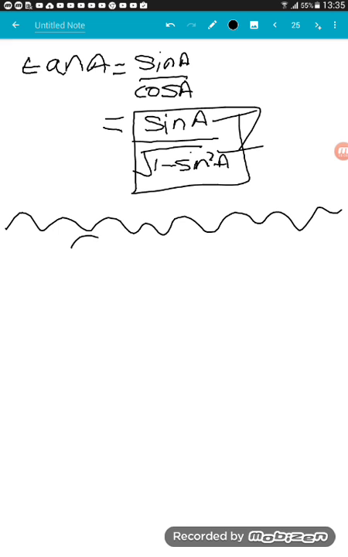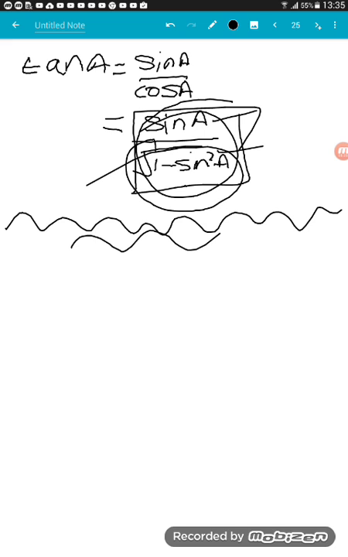For example, in this question we saw the tan a, so it means we have to represent tan a in terms of sin a only, and cos a also we represented as root 1 minus sine square a, in terms of sin only, and sec also we represented like that, 1 by root 1 minus sine square a. So in terms of itself says that it should be sin a only, or if it is written in terms of cos a, then it should be only in terms of cos a. So like that it keeps on changing according to the question.